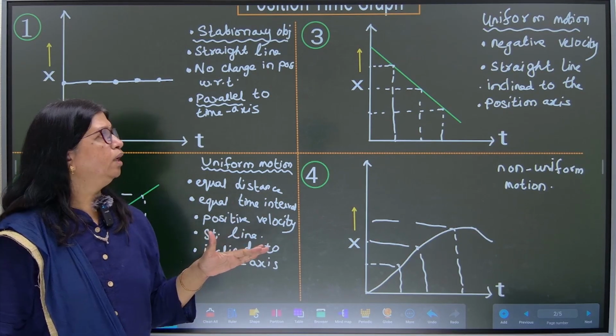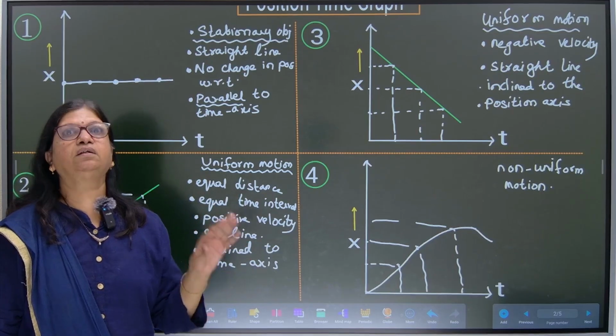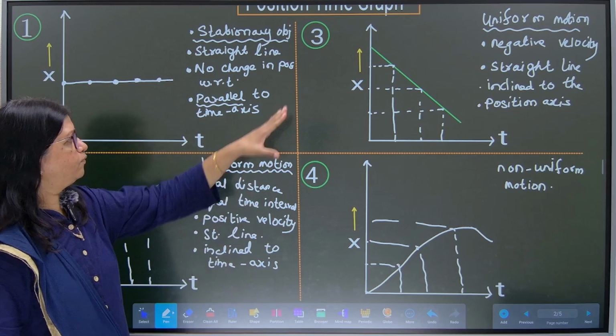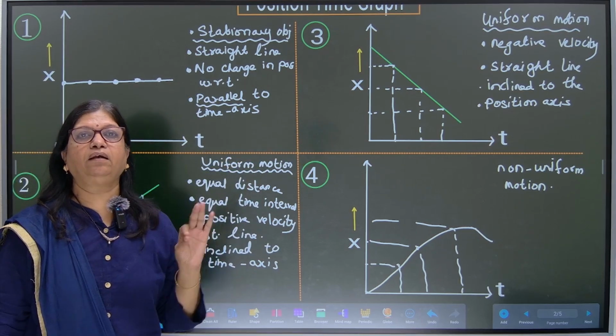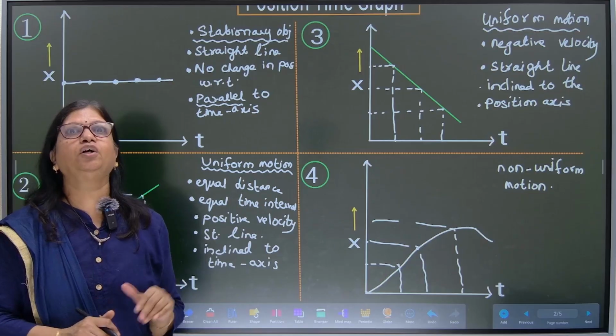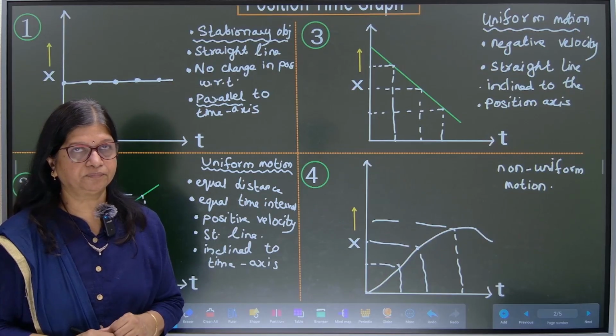Okay, so just relax, understand each and every graph, what I have written, and remember them accordingly so that as soon as you see the graph, you are ready.